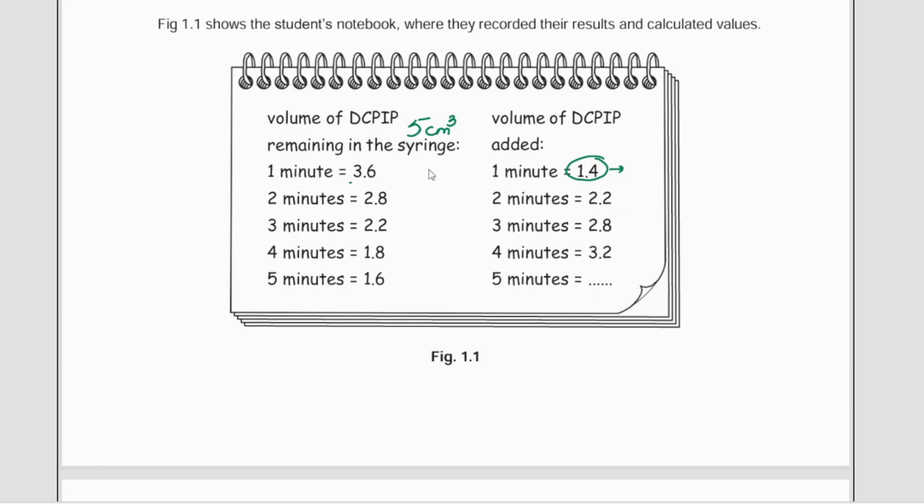Or you can do it the other way: if 3.6 is left in the syringe, then how much is added to the test tube? Then 5 minus 3.6, yes, 5 minus 3.6 is 1.4.